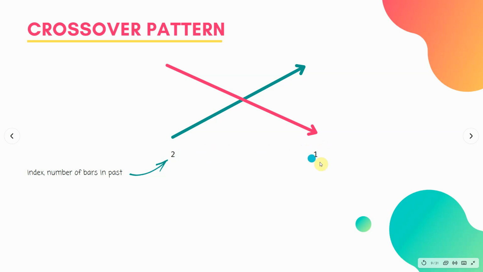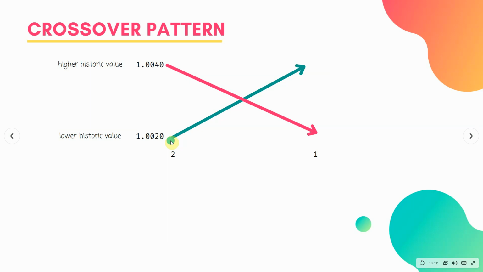So we have effectively the current position of the lines, and the previous position of the lines. So effectively what a crossover is that we see that one line, in the previous bar, goes from being a position below. So we've got a lower value that's being plotted here, and it's going above. So it's got a higher value.